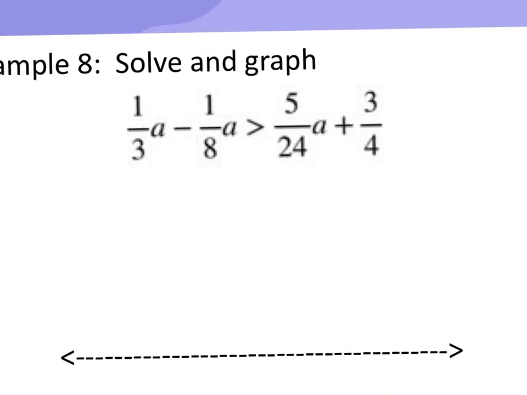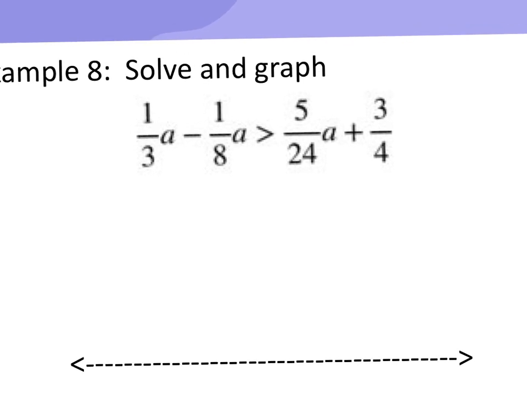Don't have any parentheses, so I'm good on this one. But I've got a bunch of fractions. What am I going to do about it? How do we kill fractions? The acronym L what?